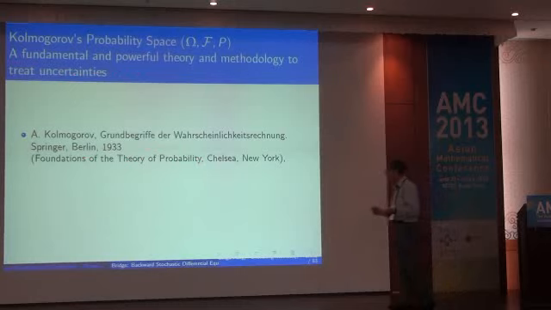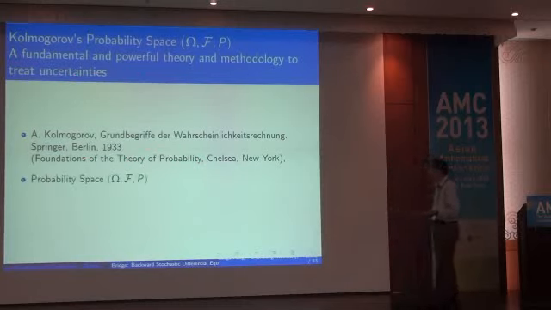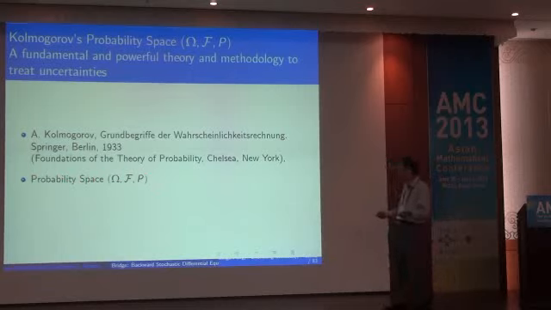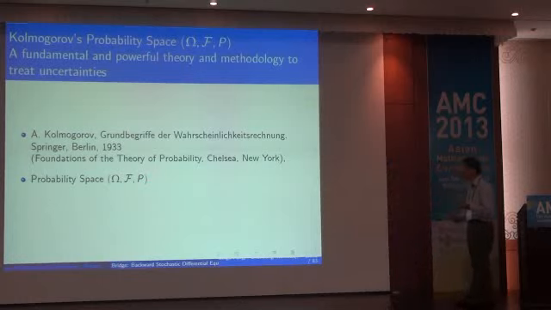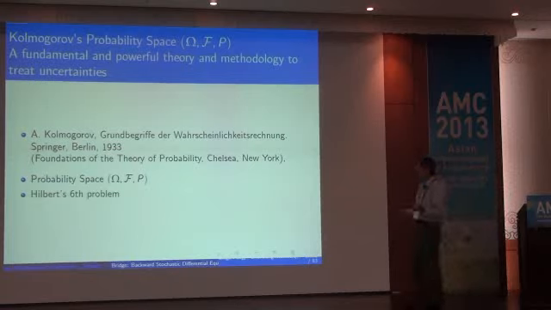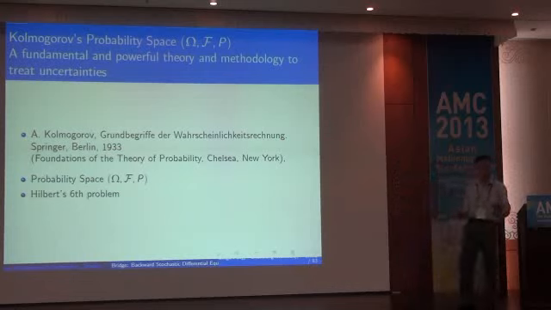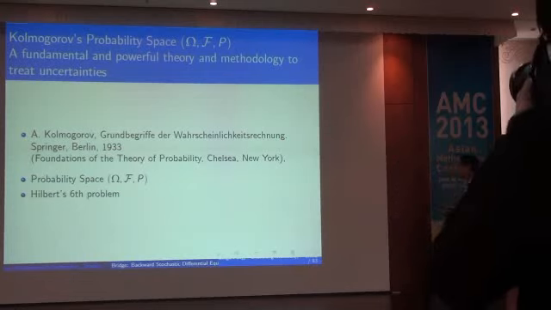After that, of course, the triple omega, F, P, where you have a measurable space and a probability measure, became the standard in every probability paper and book. This also solved Hilbert's sixth problem, to give an axiomatic foundation of probability.